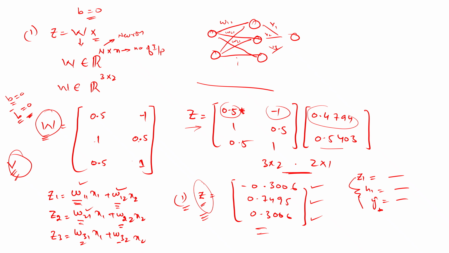So now the next step is to do the activation, which is really easy because we already know this. How to do activation? We have to pass this vector z through a sigmoid function, right? So if z is 3 cross 1, this will also be a 3 cross 1 vector.